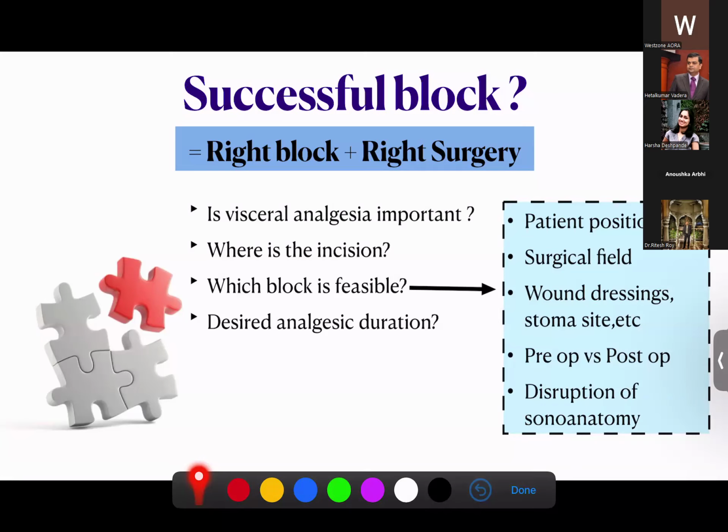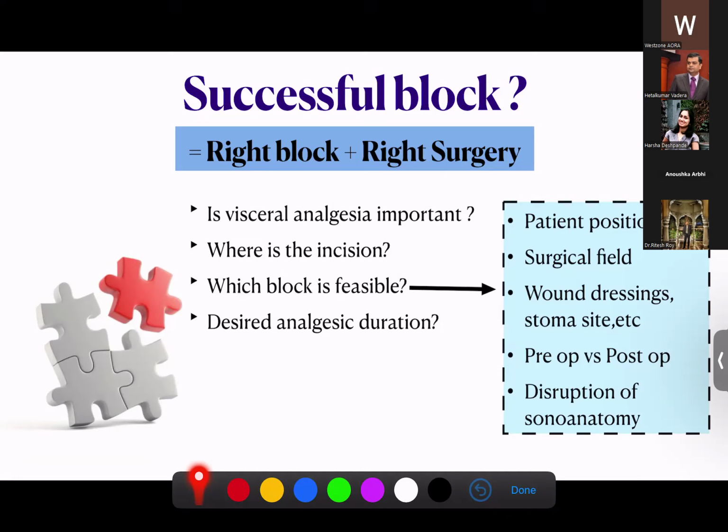Hence, we have to consider it as a part of multimodal analgesia, and we have to give either opioids or other analgesic techniques. Second, where is the incision for the surgery? Does the surgery require multiple incisions or a single incision, and does our block cover all these incisions? Then we have to decide which block is feasible.